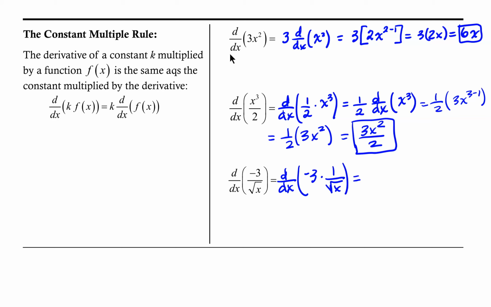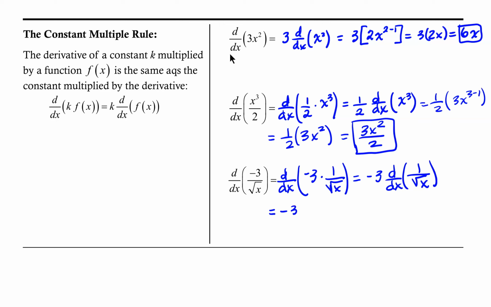Then we can use the constant multiple rule, so negative 3 times the derivative of 1 over square root of x. And at this point, we need to think about using the power rule. We need to rewrite our function 1 over square root of x. So let's go ahead and do that.